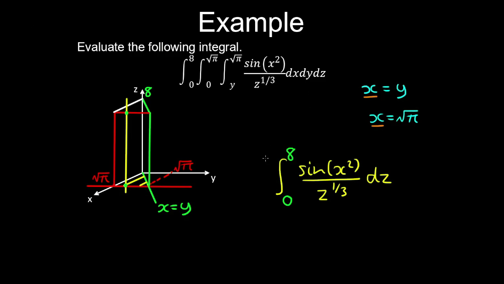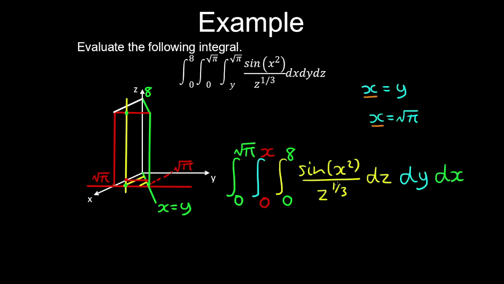And then we can integrate with respect to y. So this projected solid onto the xy plane has this base, and to integrate with respect to y, we just draw a line through this planar region. So that enters the region at y is equal to 0 and exits the region at y is equal to x. And then finally, we integrate from x equals 0 to x equals root pi to cover that entire region.